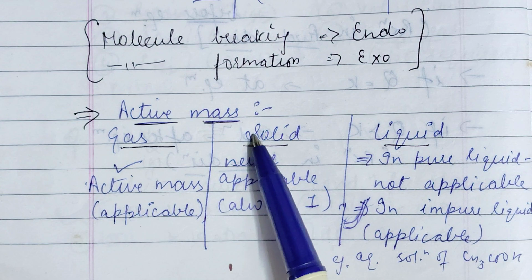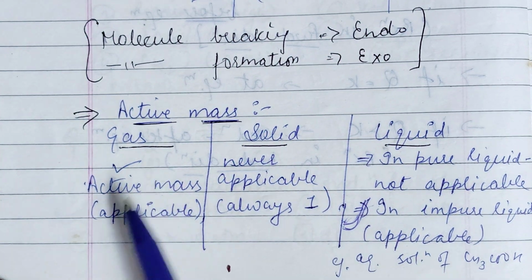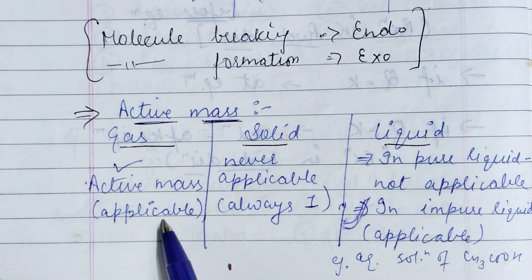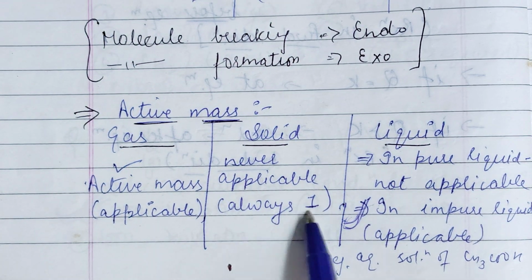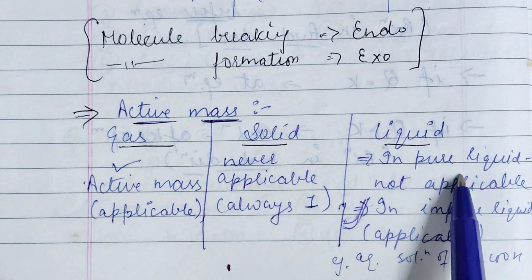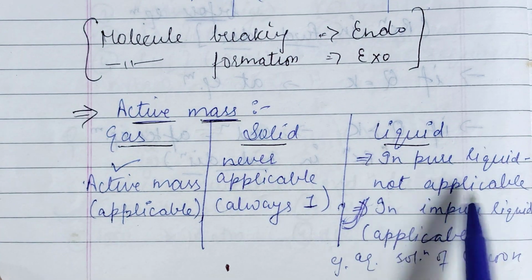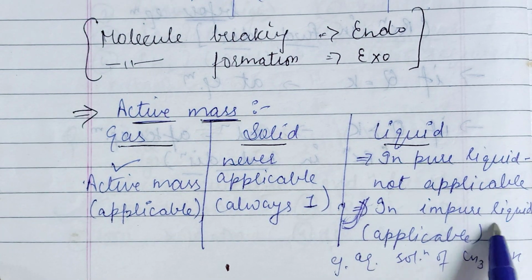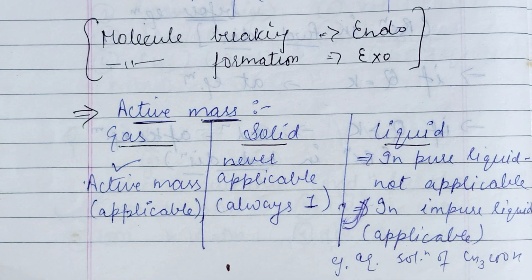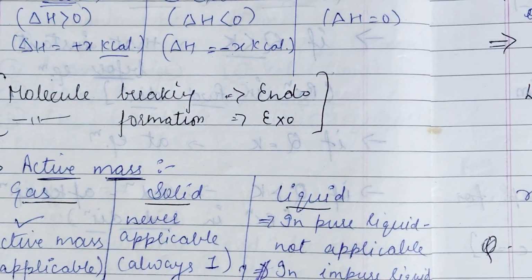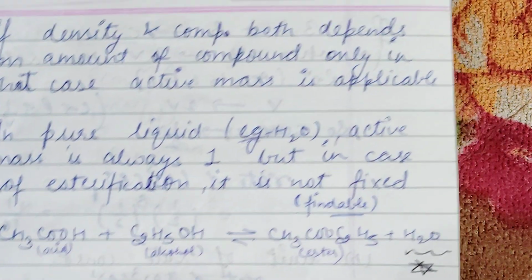And then active mass: in gas, active mass is applicable; in solid, never applicable, always 1. In pure liquid, not applicable. In impure liquid, applicable. Example, an aqueous solution of vinegar, CH3COOH aqueous solution.